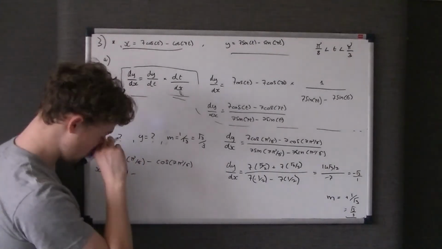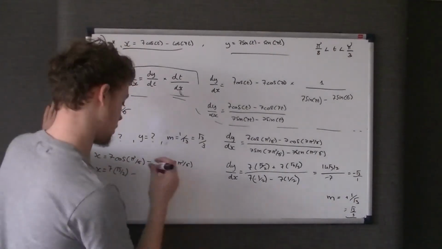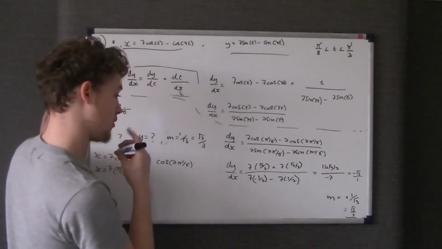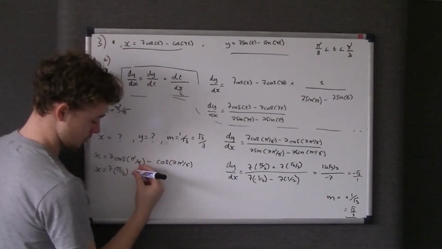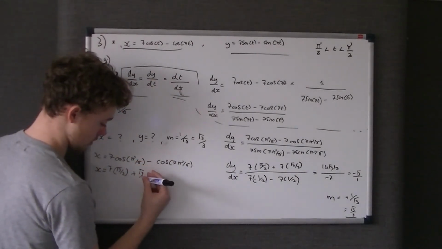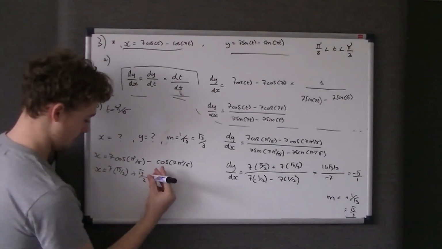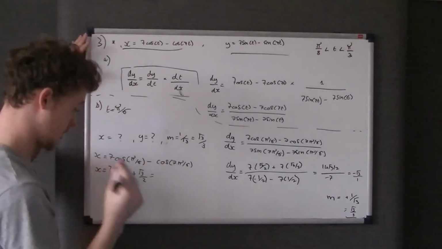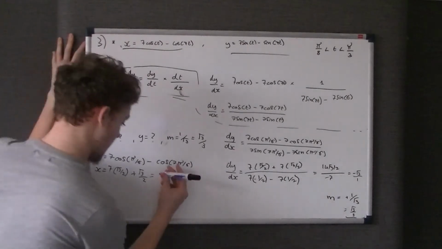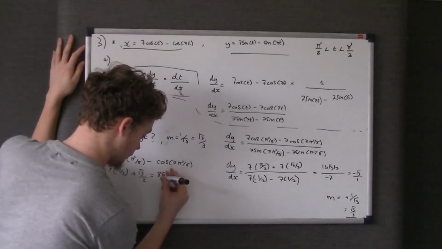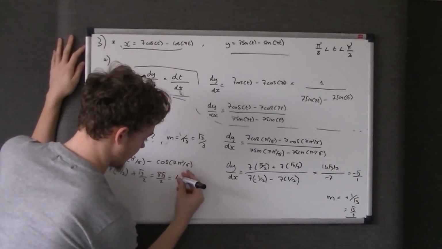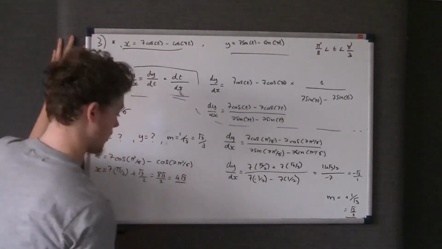Take, now it's just cos of 7 pi on 6, which we said was negative root 3 on 2. But because this is double negative, we add root 3 on 2. So you get a value for x, 7 root 3 on 2 plus root 3 on 2, so it's 8 root 3 on 2. Or if you want to simplify it down, 4 root 3 for x.